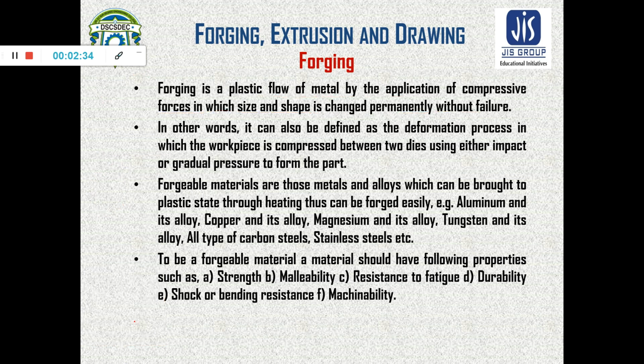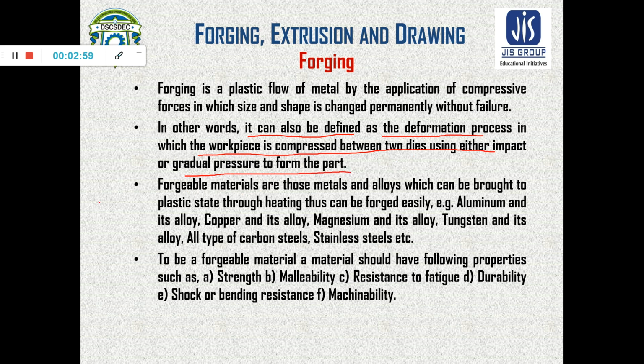In other words, we can say that forging is defined as a deformation process in which a workpiece is compressed between two dies using either impact or gradual load to form the part.